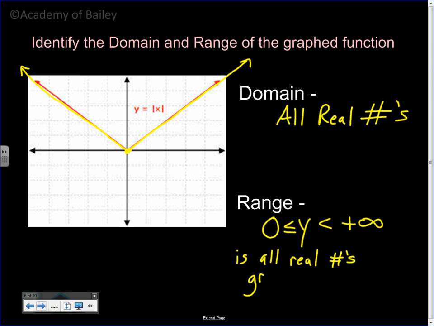It'll either say greater than or equal to, or it'll say at least 0. I'm going to say all real numbers greater than or equal to 0. The range is all real numbers greater than or equal to 0.